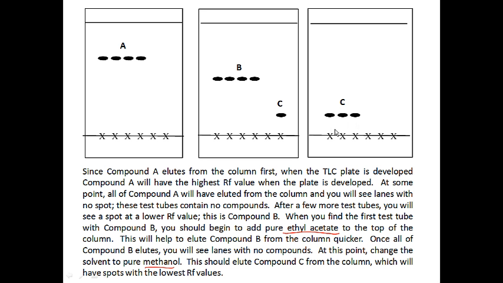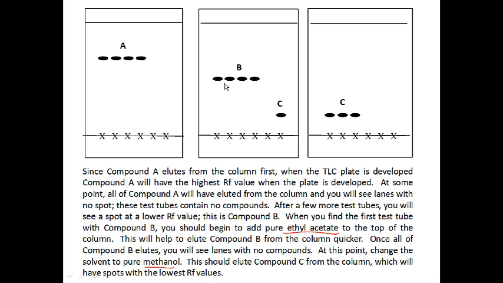Okay, so this is how the developed plate should look in theory. It's possible that you may end up with a lane that has a spot of A and a spot of B. And so as you get your plates and your different developments, I'll be walking around, or Dr. Simmons will be walking around and looking at your plates to see how your purity and your separation is going.